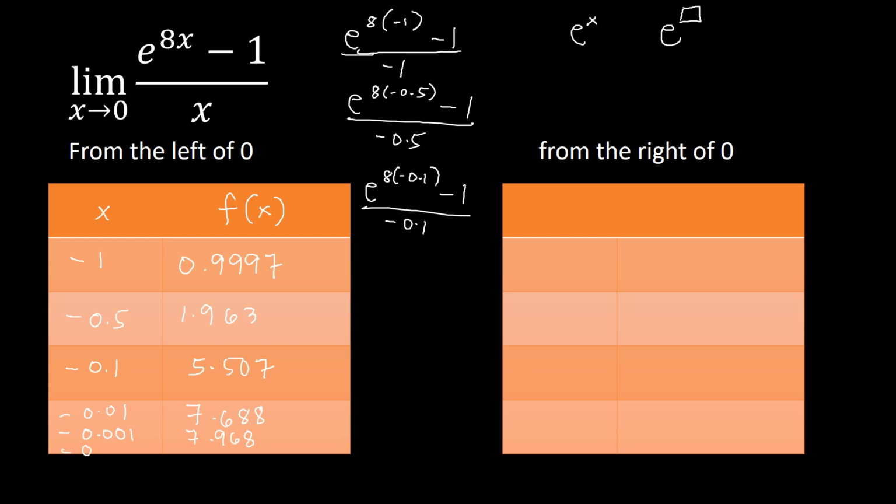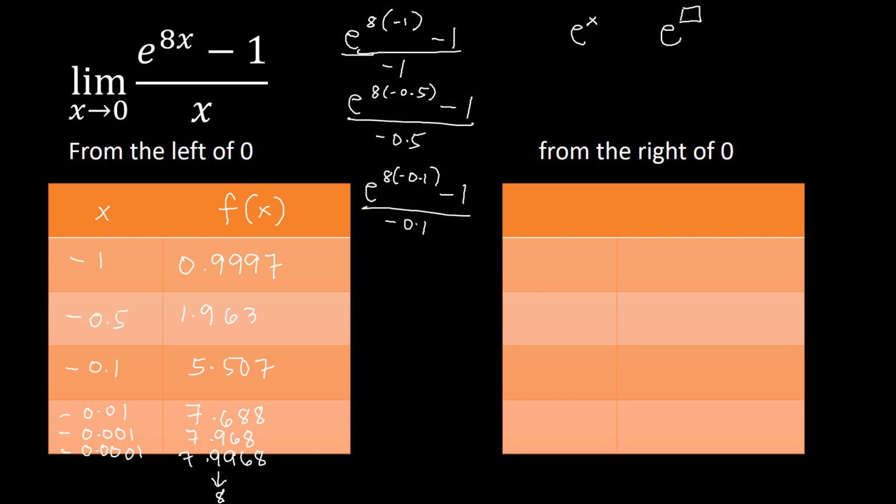So negative 0.0001 is equal to 7.9968, which is very close to 8. So this is approaching a value of 8 on y as we approach 0 from the left side. So that might be our limit, but we cannot be so sure.